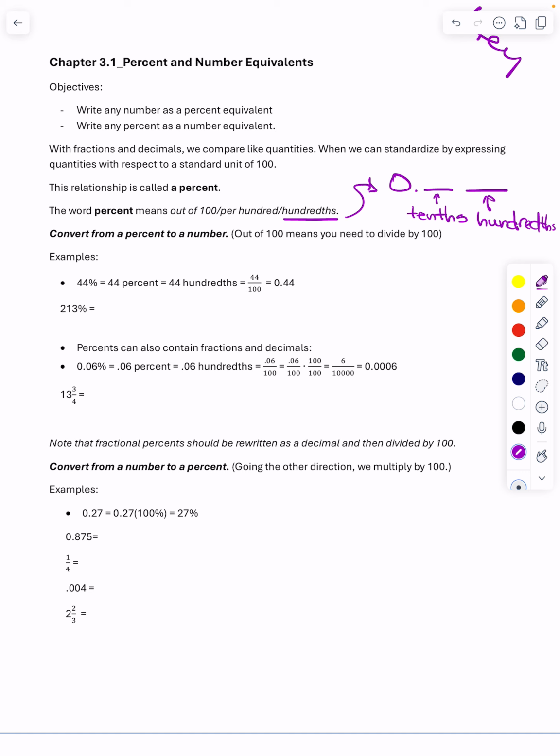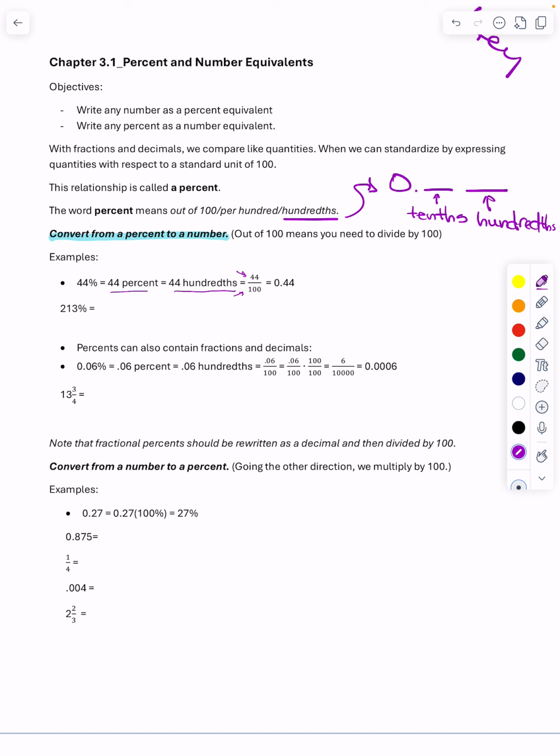So let's talk about how we convert from a percent to a number. Remember, it's out of 100, so when I talk about a percent, it's that number out of 100. So 44%, which we read as 44 percent, also means 44 hundredths. When we write that as a fraction, we have our 44 numerator, I apologize, out of that 100.